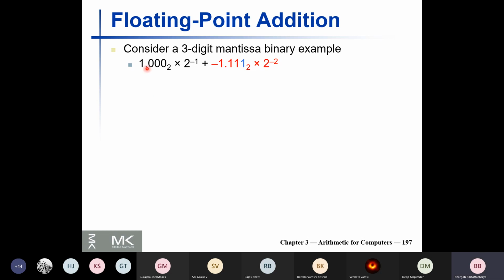For example, if you shift this binary string to the left 1 bit, then this could have been 2 to the power minus 2. And on the other hand, if I shift this binary string to the right 1 bit, then it could have been 2 to the power minus 1. So which one am I going to do? You have 2 options.